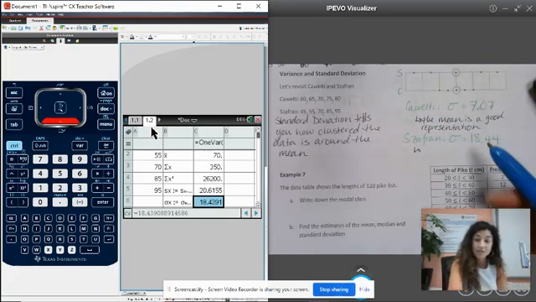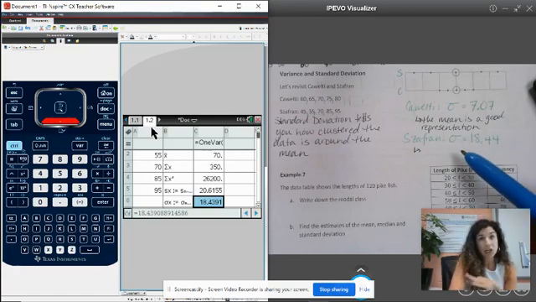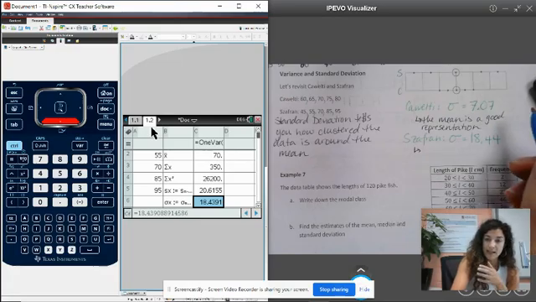Versus a relatively large standard deviation would say that the mean is not a good representation of the data. So you shouldn't be using the mean as a way to represent the data.